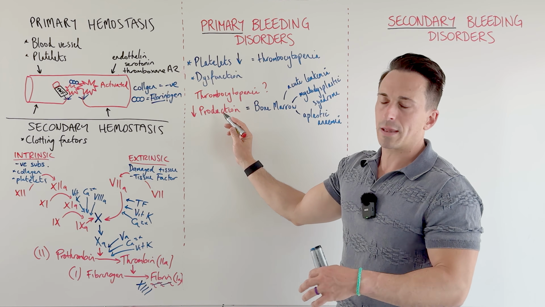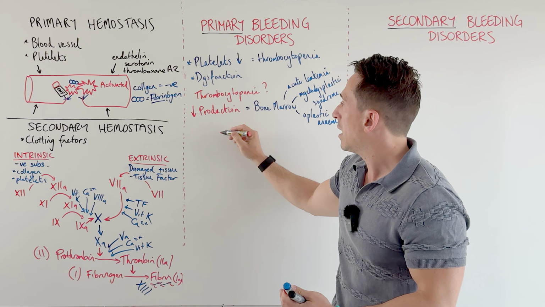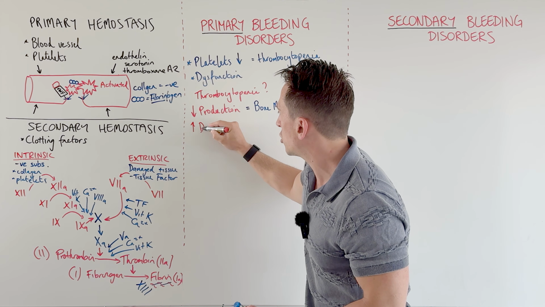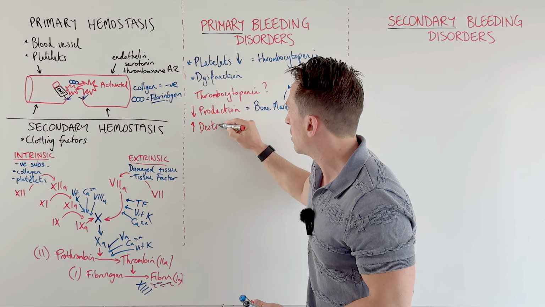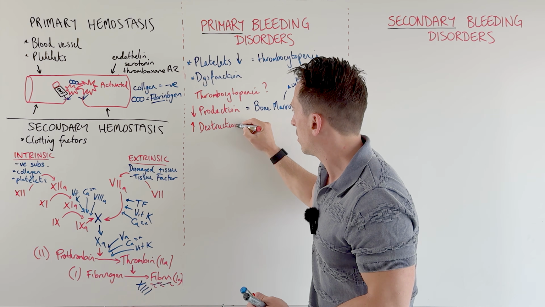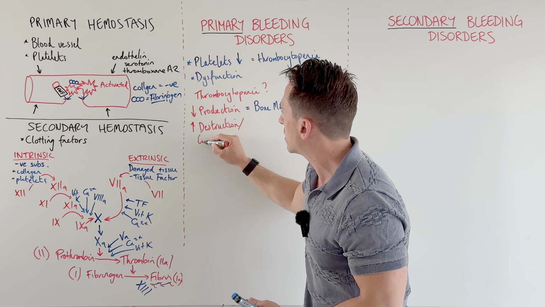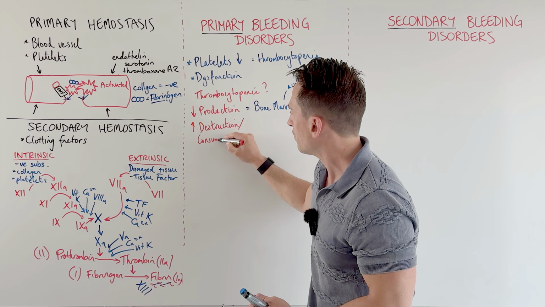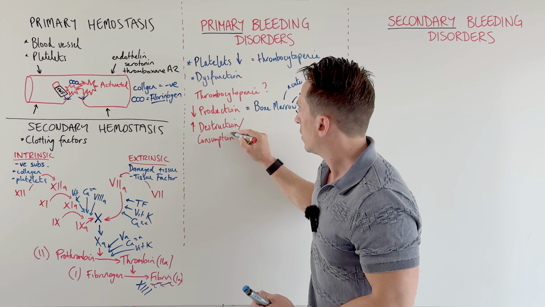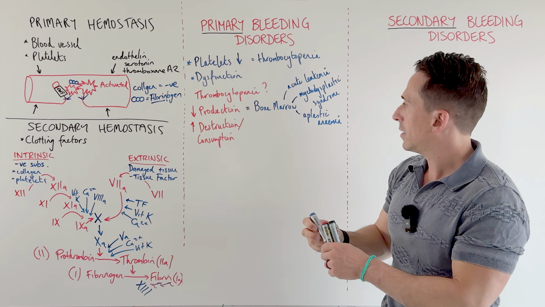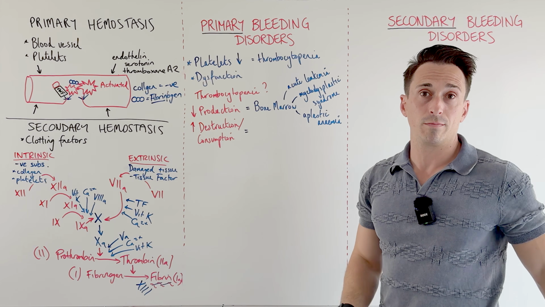The issue that could cause thrombocytopenia could also be an increased destruction, right? Maybe we're destroying too many, or let's say increased destruction or consumption, right? So examples of this could be autoimmune disorders.